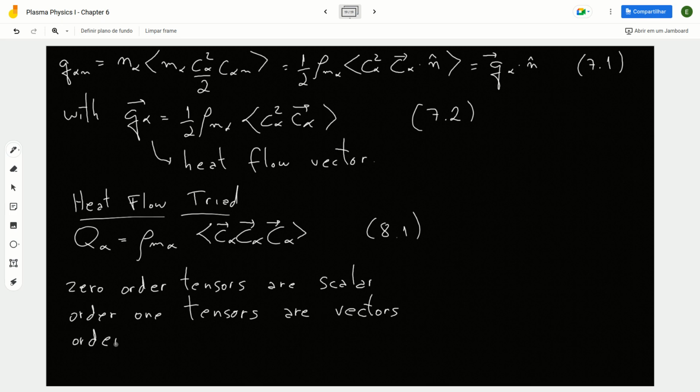Order 2, we have shown the pressure. Order 2 tensors are matrices. And what are order 3 tensors?